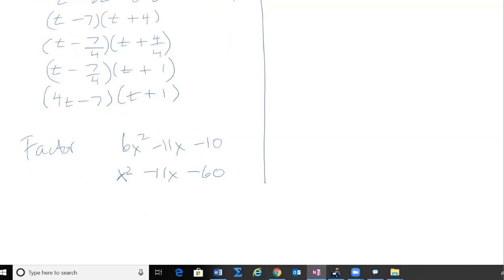So you run through your numbers and you come up with negative 15 and 4. So we write x minus 15 and x plus 4. That's where the two numbers come in.